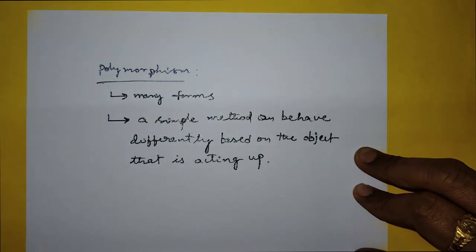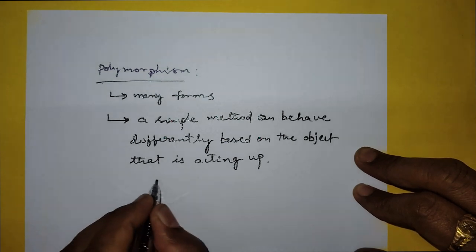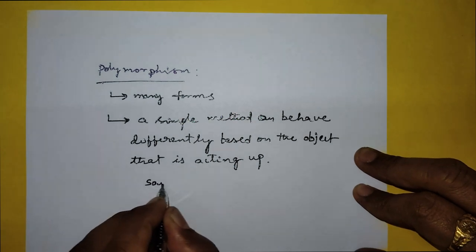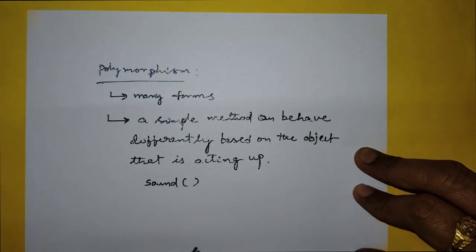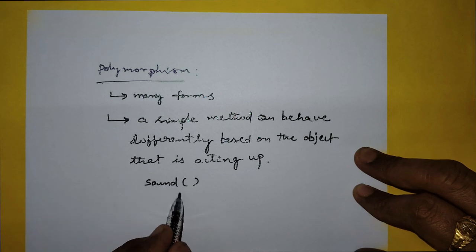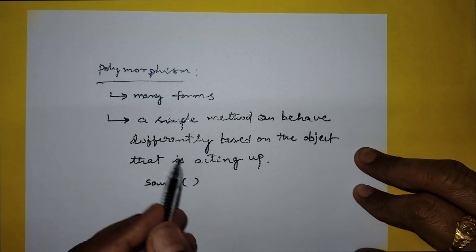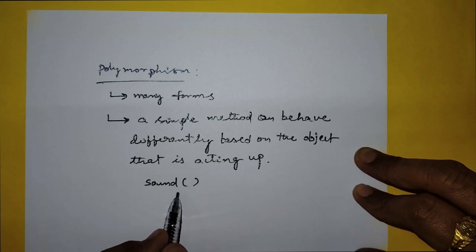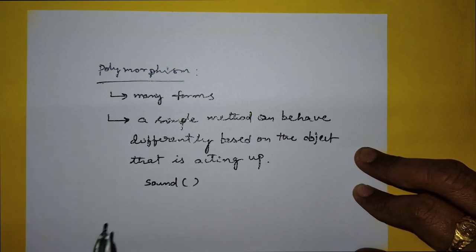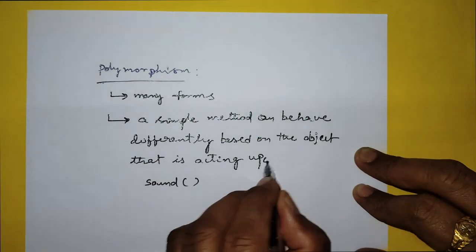A single method means, suppose in one class we are using a method, that is the sound method. We follow the same method in different objects, but it acts differently. While writing the program, you'll understand better how a simple method can behave differently based on the object that is acting upon.